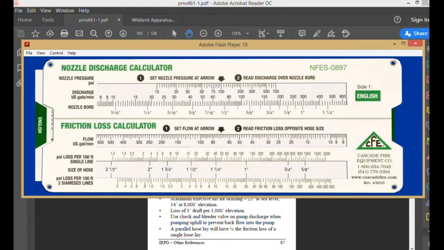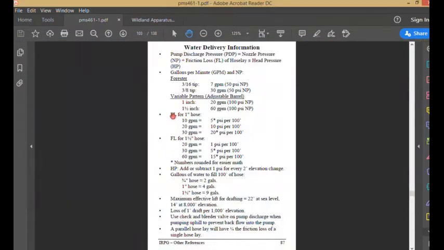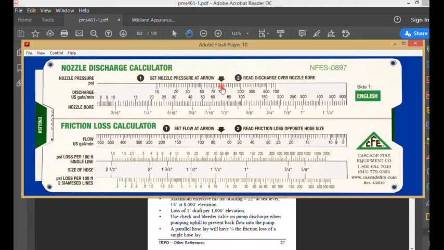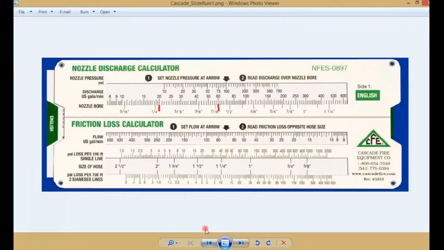And then, because the 1 inch combination nozzle is set the same way, 20 gallons a minute at 100 psi, you leave the 100 alone, come over to 20 gallons a minute, and put a mark on the non-movable side so it looks like this right here: 100 psi, 60, and 20.